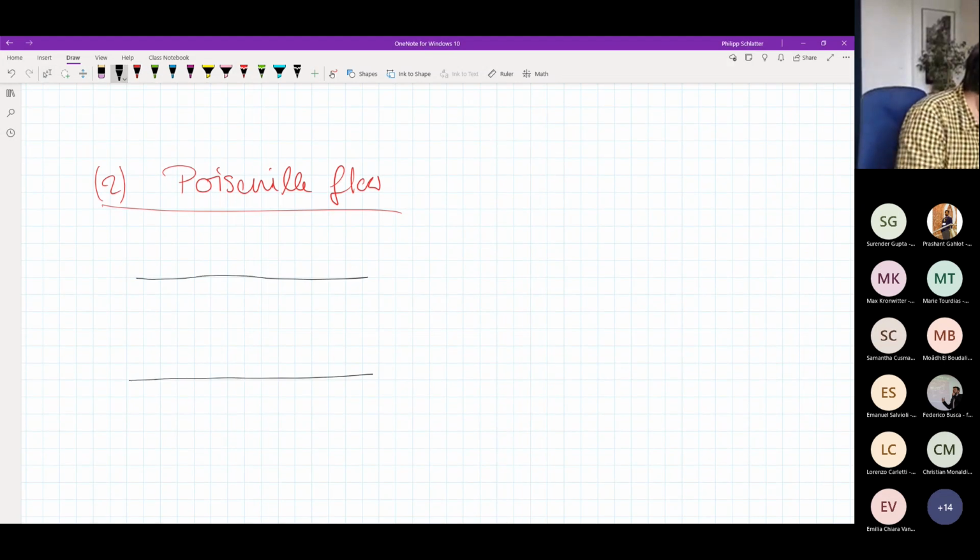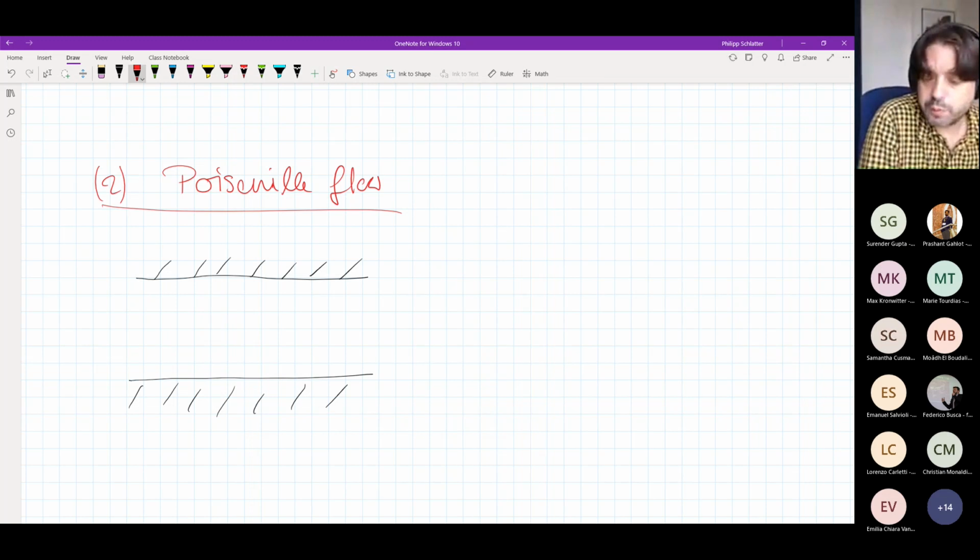we again consider that we have two walls, something like that. In Couette flow, these two walls are moving. In Poiseuille flow, these two walls are at rest, but we have a pressure probe here and a pressure probe here, so we have P1 here and P2 here.